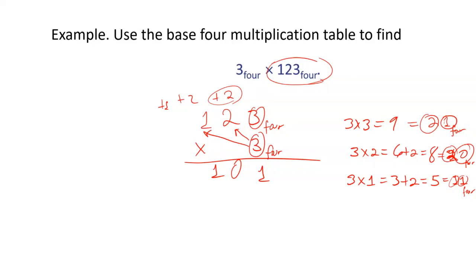So we might as well just put both of them at the very end. And this is my answer. When we multiply 3 base 4 times 123 base 4, we get 1101 in base 4.